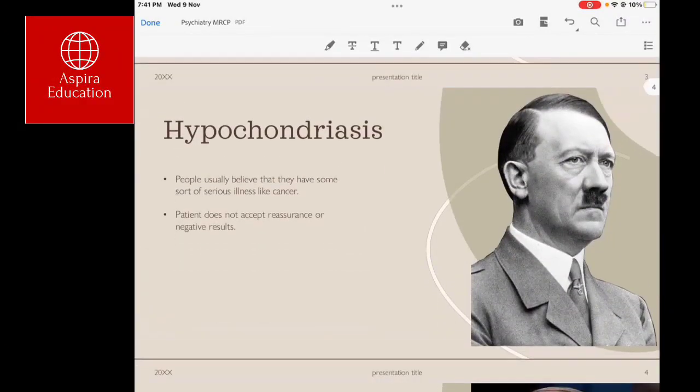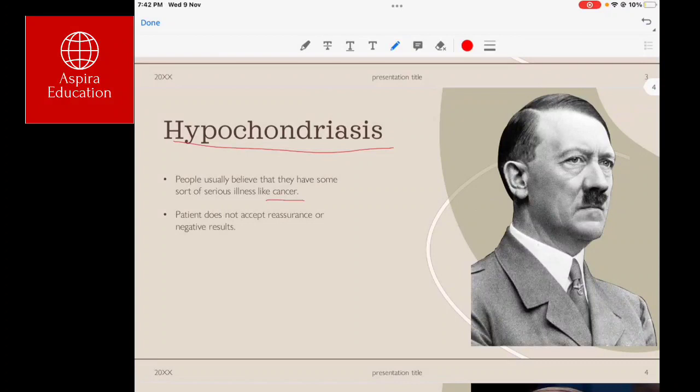Next, we have hypochondriasis. The famous Hitler actually had hypochondriasis. What is this hypochondriasis? These patients believe that inside they have a very serious illness, such as cancer, HIV, or anything, and they keep repeatedly going to the doctor asking them to test for cancer. They would have had multiple PET scans, multiple biopsies, and all of them would have come negative.